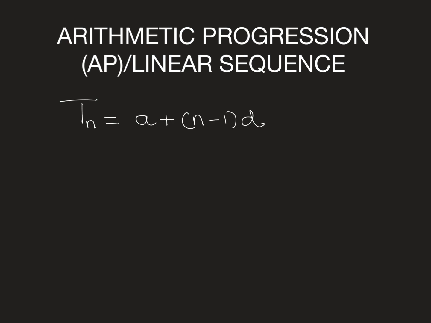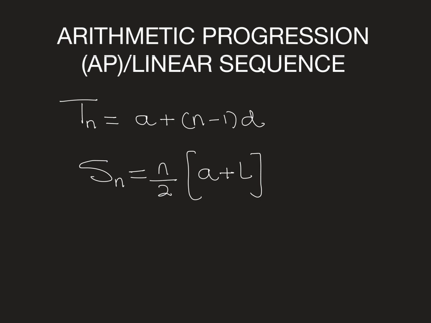We have also said that to find the sum of the terms, S sub n is equal to n over 2 into a plus L, where L is the last term. Remember, we can only use this formula provided that the last term is given or stated in the question.